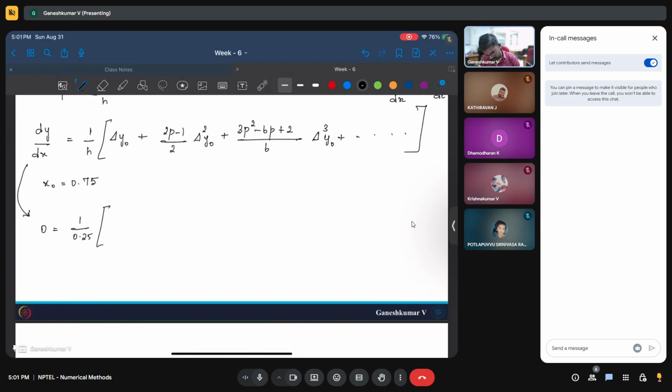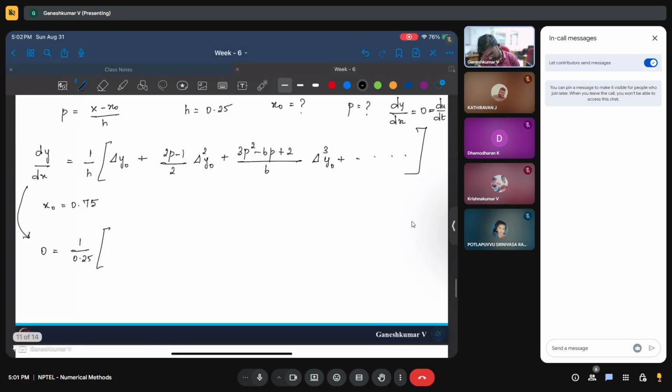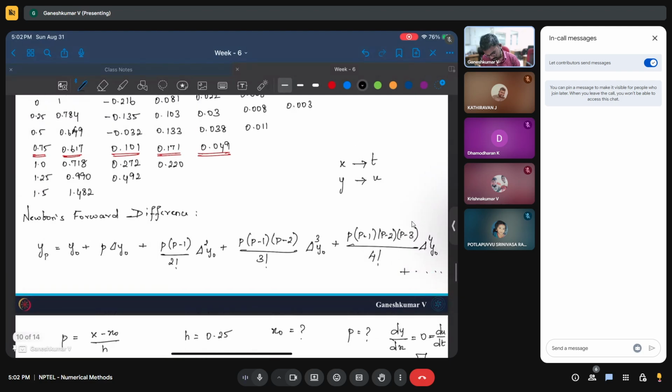Let's substitute it. y naught is 0.617 plus 2p minus 1 by 2 into del square y naught.